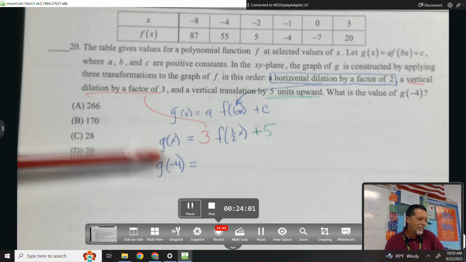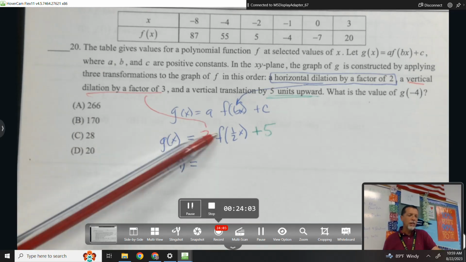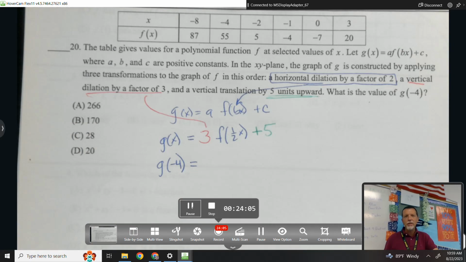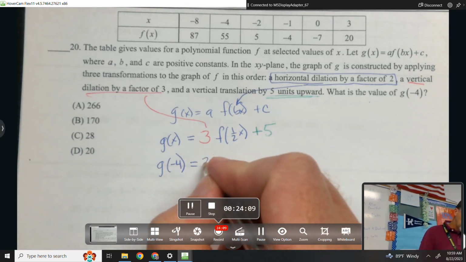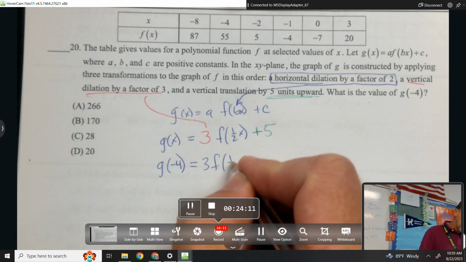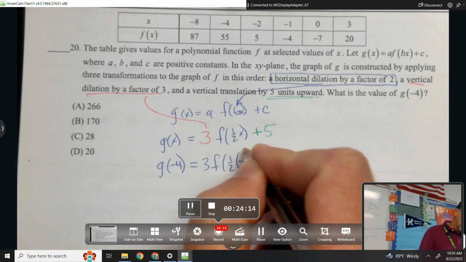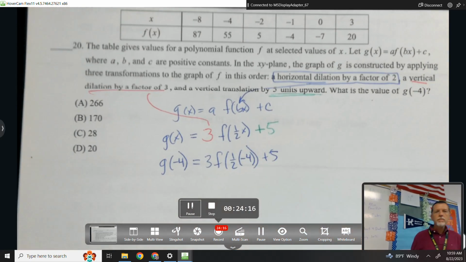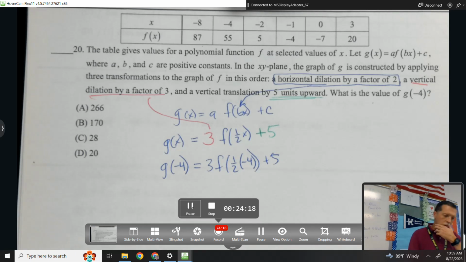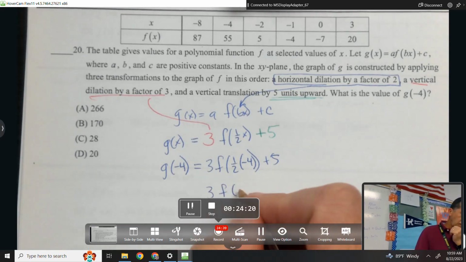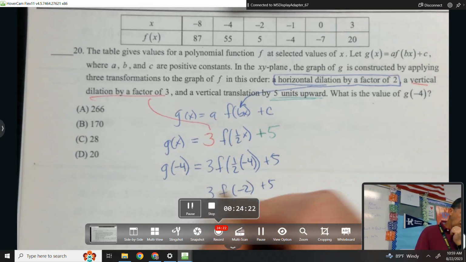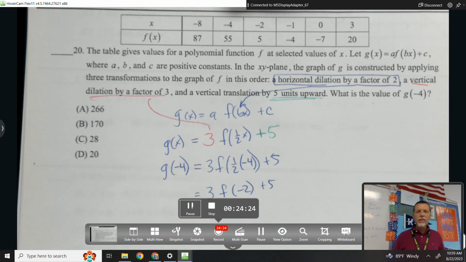All right, are you okay with that? I'm not worried about the 3 and the 5. It's the 1/2 that is the tricky one. g of -4 means we put -4 in for x and see what happens. So 3 times f of -2 plus 5. How do I know what f of -2 is?